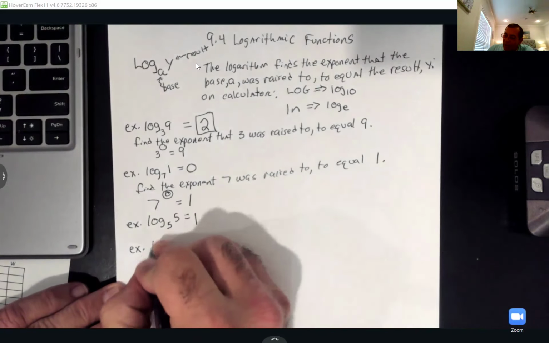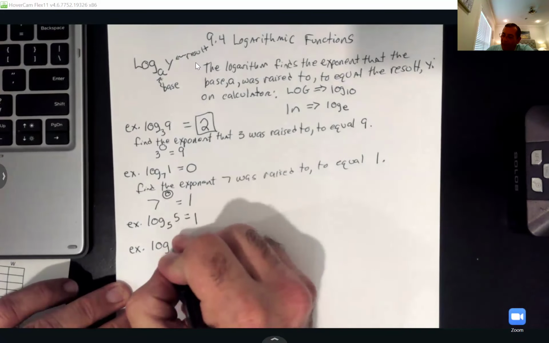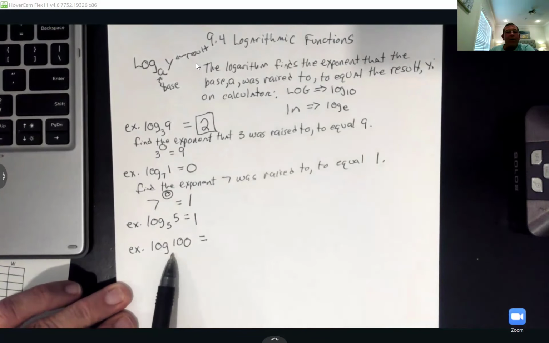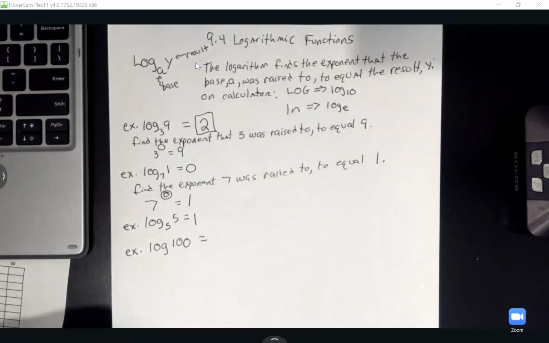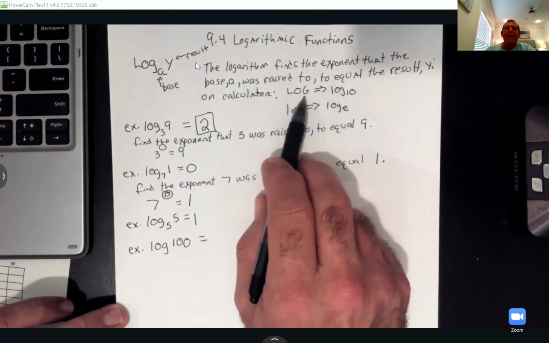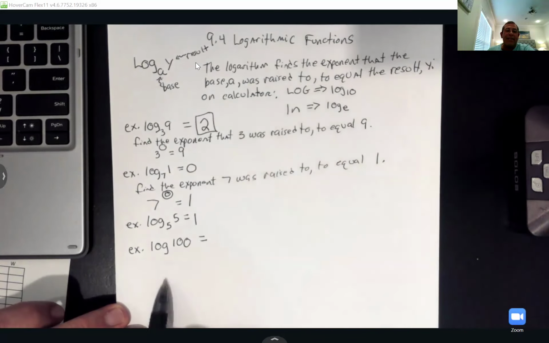How about this one? A log of 100. I don't have a base shown, so the base has to be what? 10. Remember what we said up here? Yeah, 10, because if there's not a number there on a log, it is actually a 10.